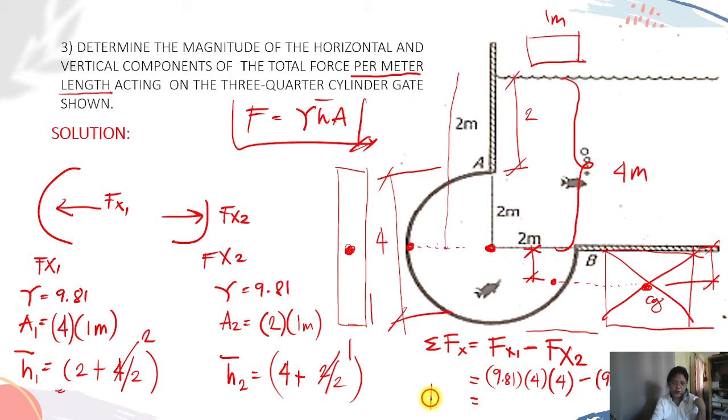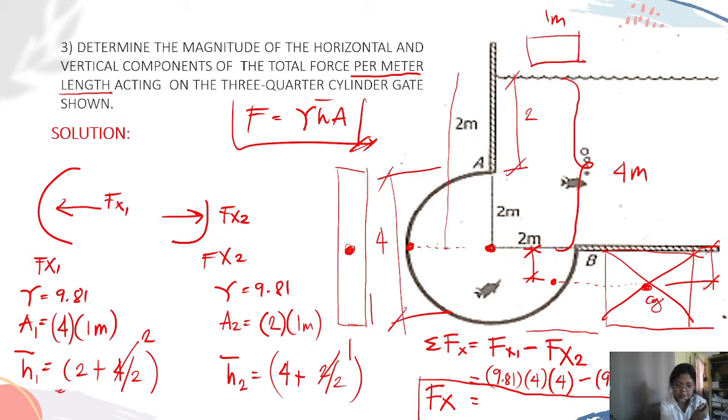And solving for the horizontal component of this hydrostatic force, we have, let me dictate, 9.81 by 4 minus 9.81 by 5 multiplied by 2.